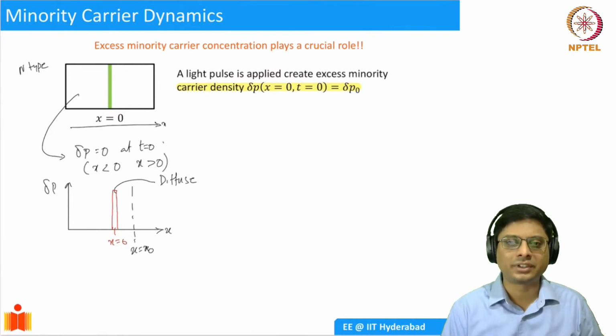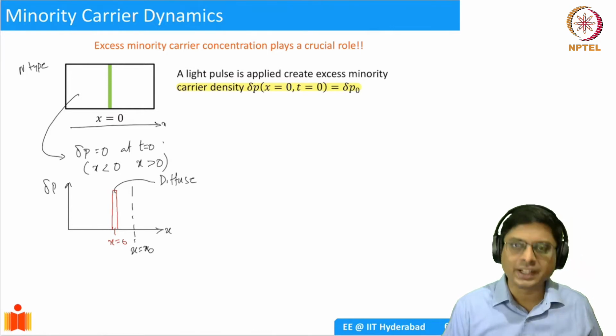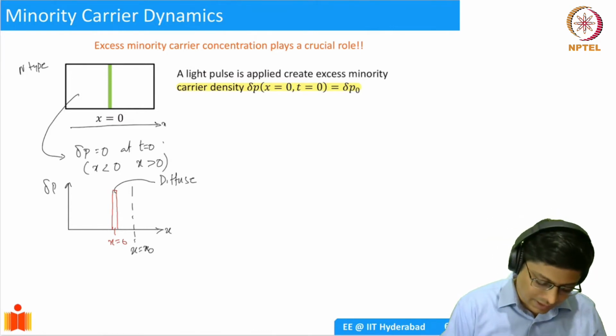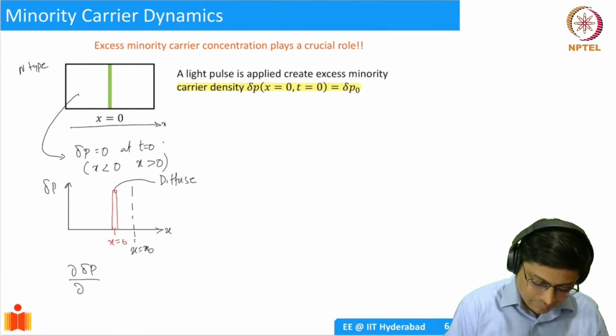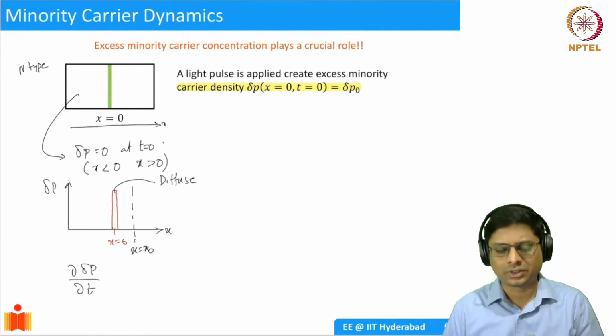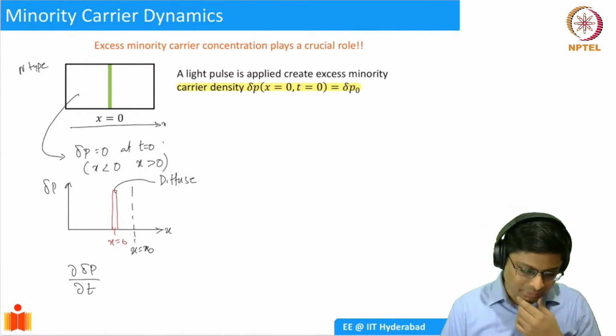So I'll monitor the rate at which the minority carriers are crossing that surface, and I'll denote it by the partial derivative of delta P with respect to time. So the excess minority carrier at x equal to x naught is going to be changing with respect to time, and that I'll represent by this.